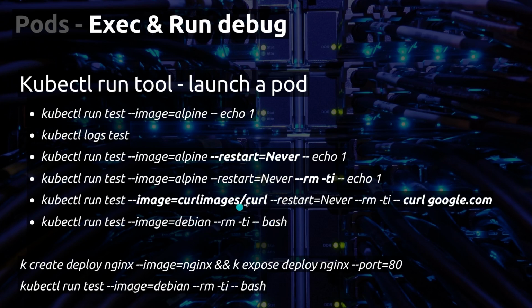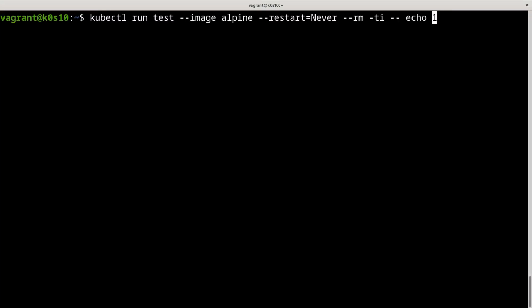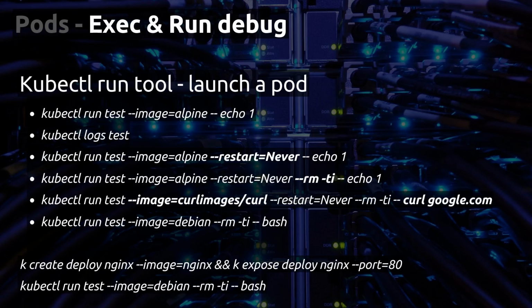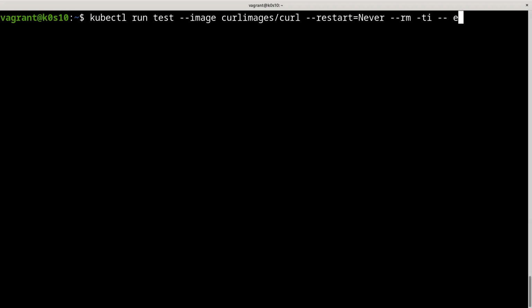You can use the curl image and the -- separator like we used previously, then the curl command, because we use the Docker image based on curl, and for example google.com. So we do it like this: kubectl run curl with the curl image, --restart=Never --rm -ti, and instead of echo 1, we use directly curl and google.com.